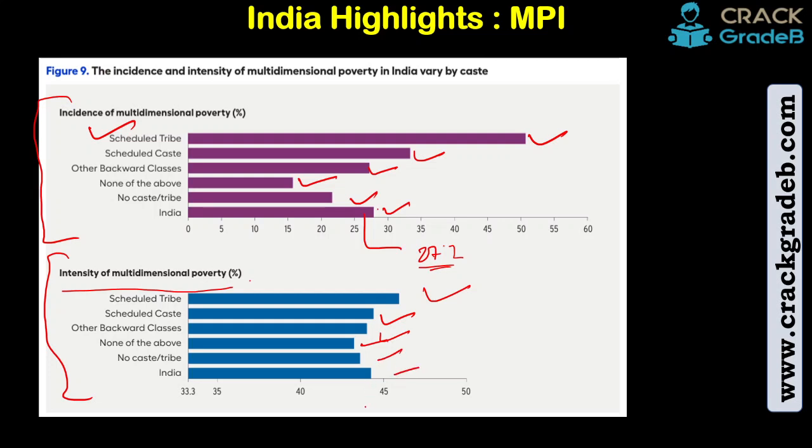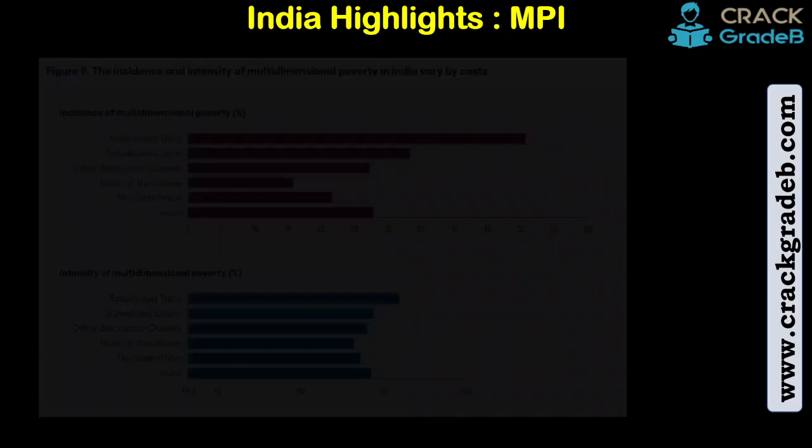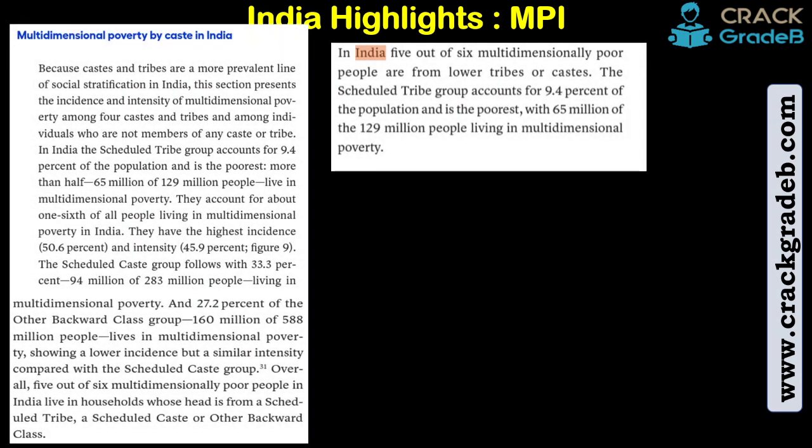Okay. So you see that the reservation that India gives to scheduled tribe and scheduled caste are somewhat justified when you see this kind of data, right? So let's move forward with few other details regarding India.